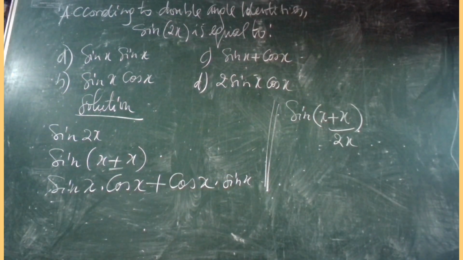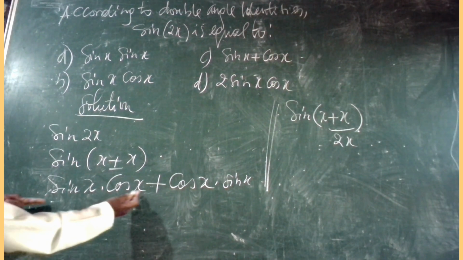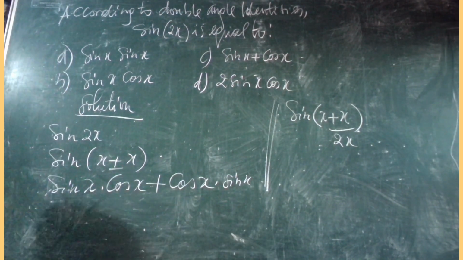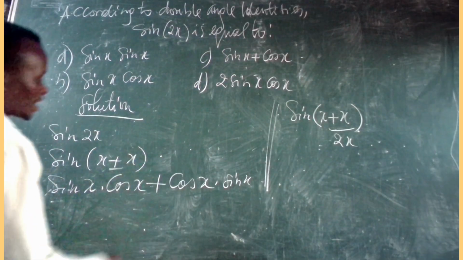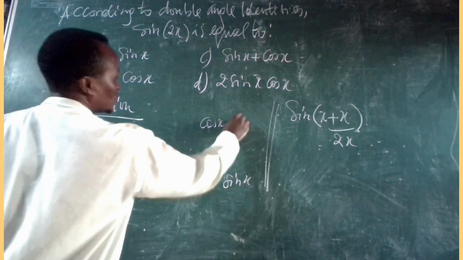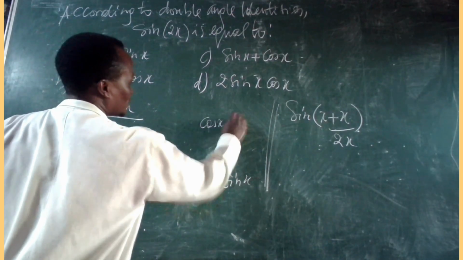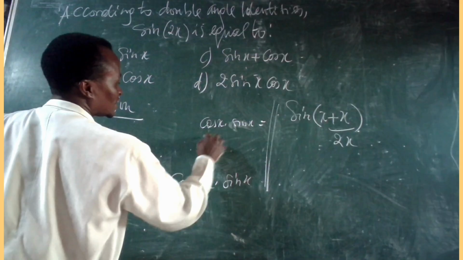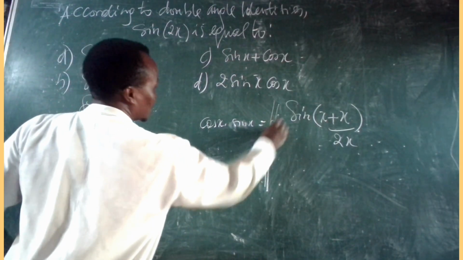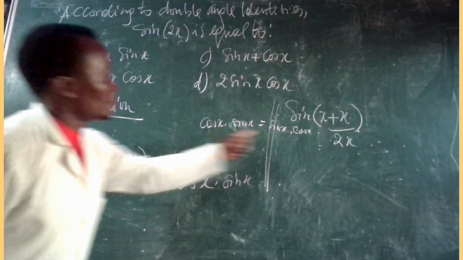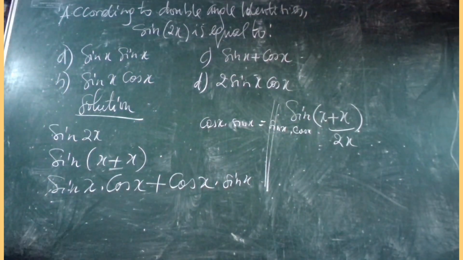Now you can see this one is similar to this one. In multiplication, cosine x times sine x is similar to sine x times cosine x. These two are similar.